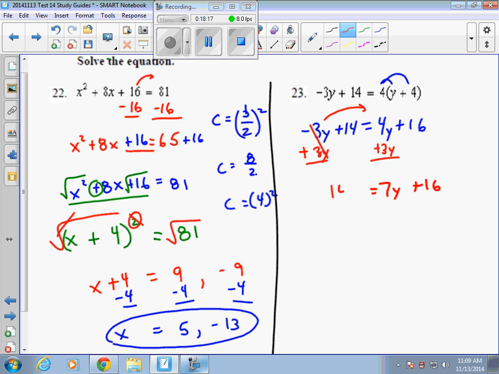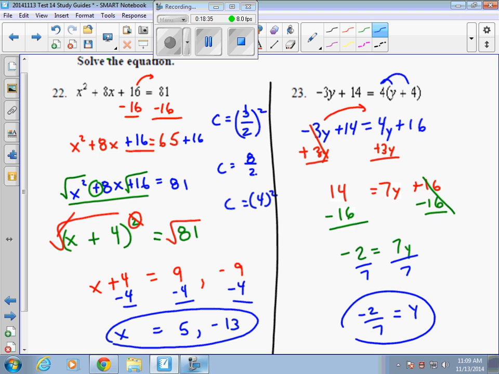This cancels out 14. Move negative 16 over by subtracting it. 14 minus 16 is negative 2 equals 7y. This cancels. Get rid of 7 times something by dividing by 7. y is equal to negative 2 over 7.